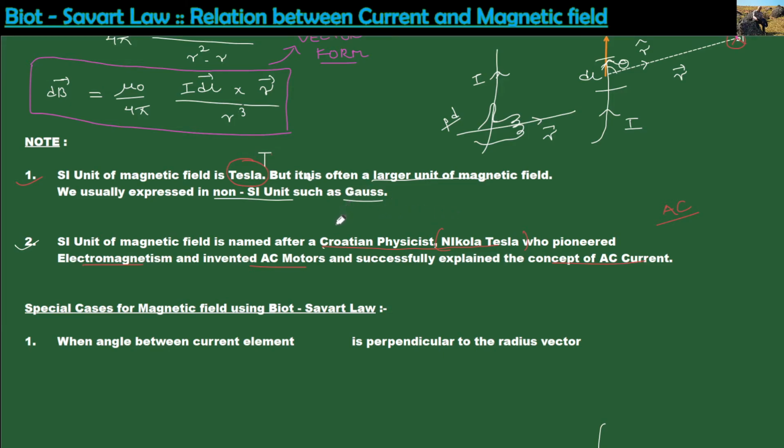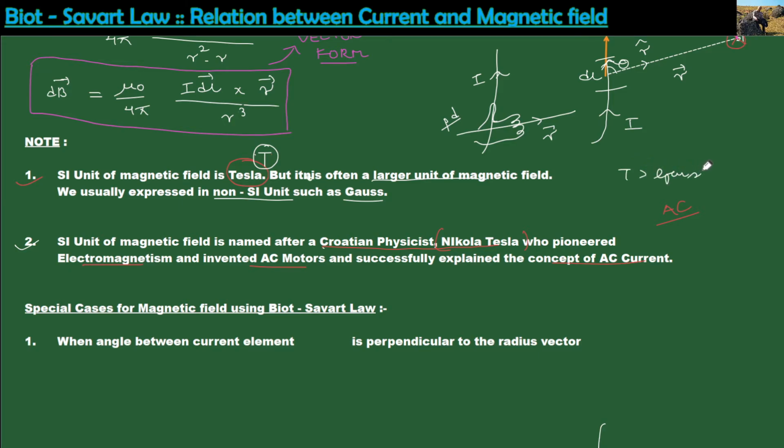Keep in mind that the value of Tesla is very large, which means that Tesla is larger than Gauss.